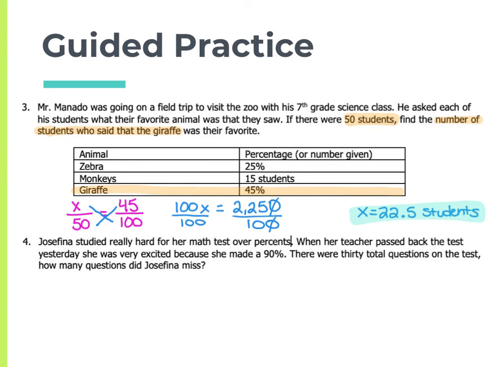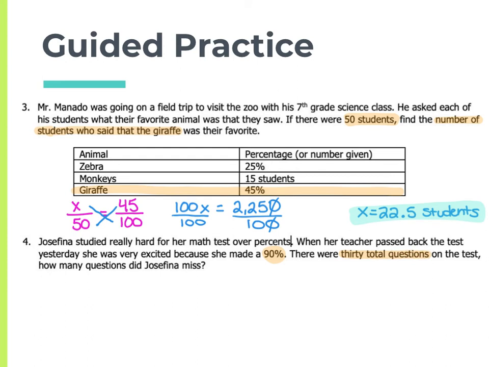Question 4 says Josephina studied really hard for her math test over percents. When her teacher passed back the test yesterday, she was very excited because she made a 90%. There were 30 total questions on the test.